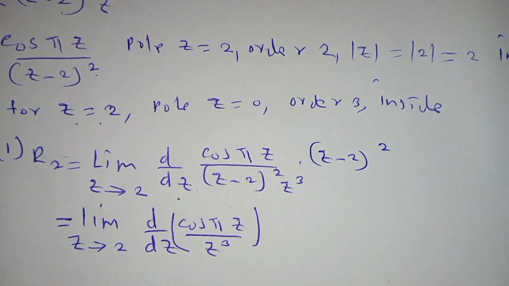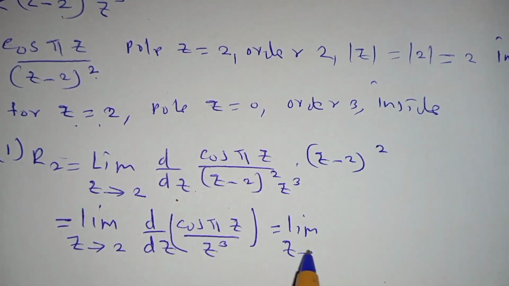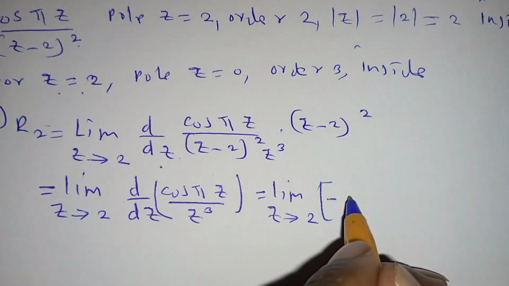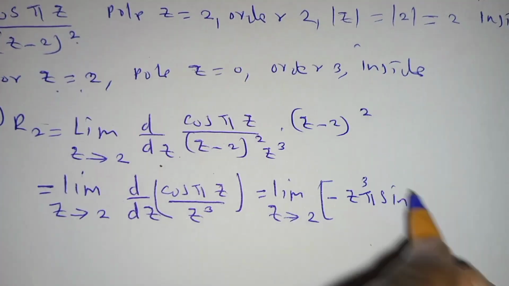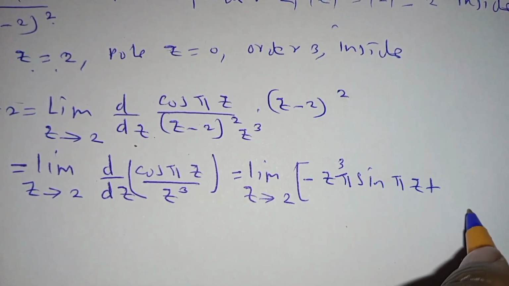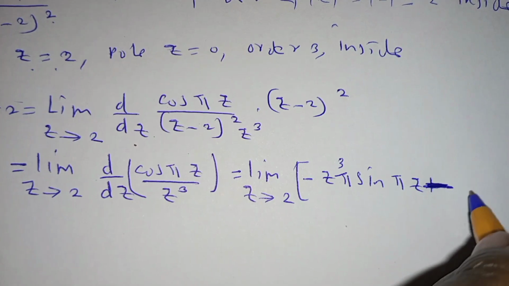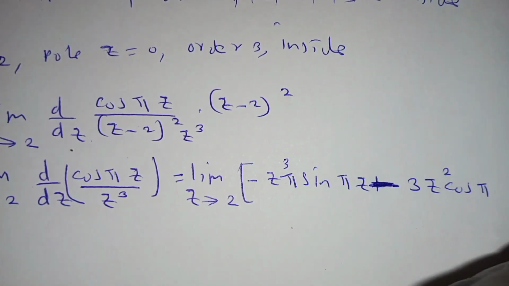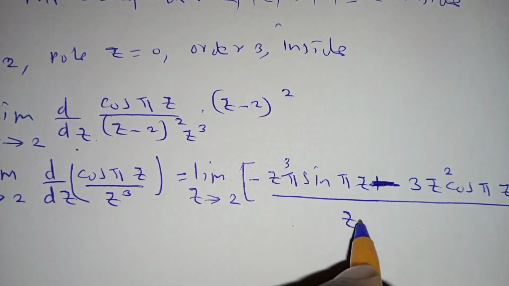By the quotient rule, we are going to have a limit as z tends to 2 of negative z cubed multiplied by pi sine of pi z minus 3z squared cos of pi z, everything divided by z power 6.